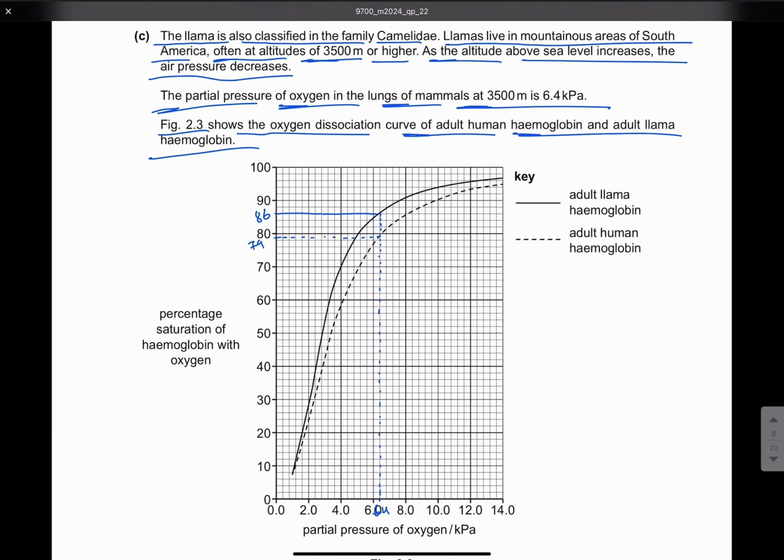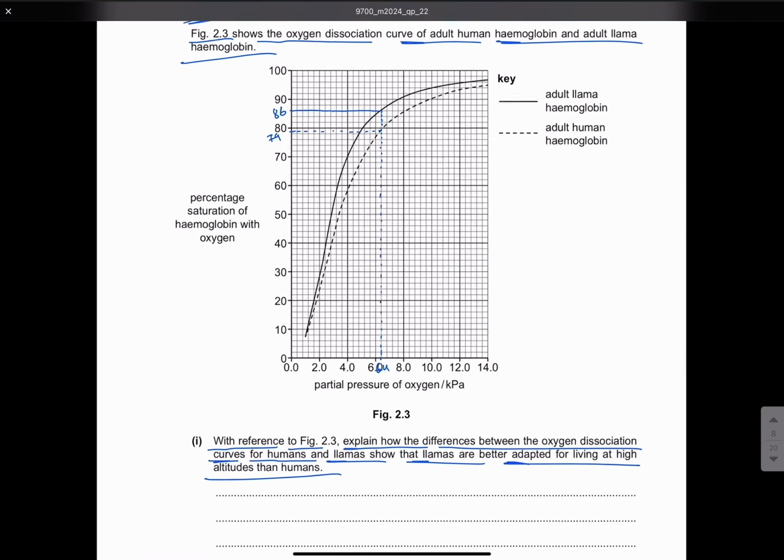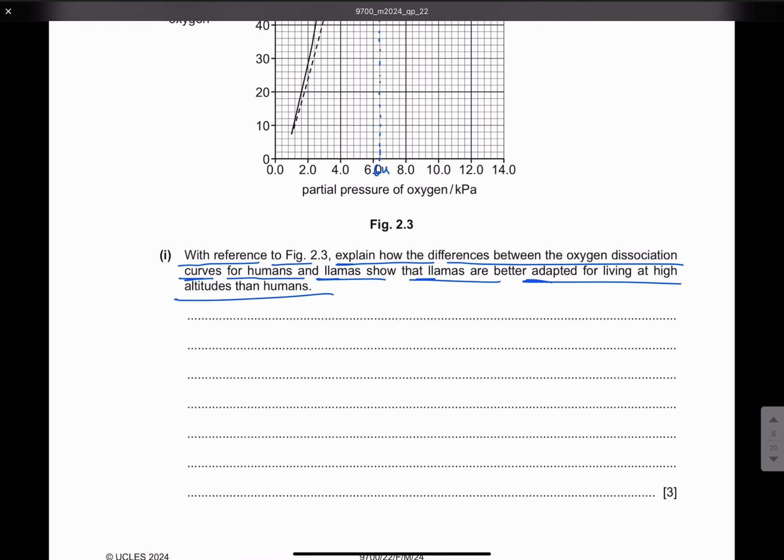So basically adult llama hemoglobin is adapted to carry and transport oxygen at high altitudes. So llamas are better adapted for living at high altitudes than humans.